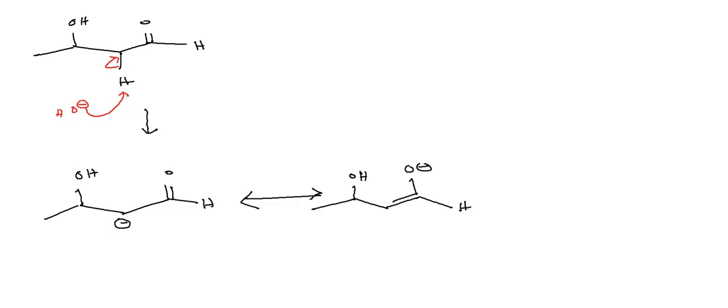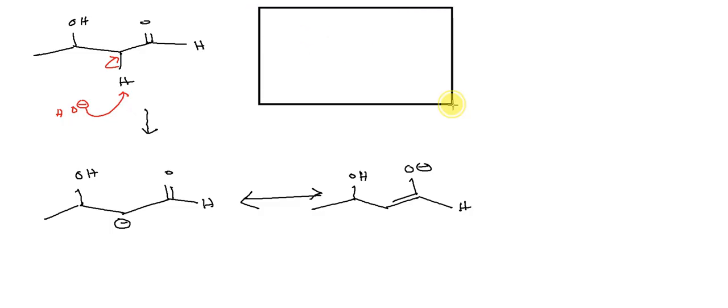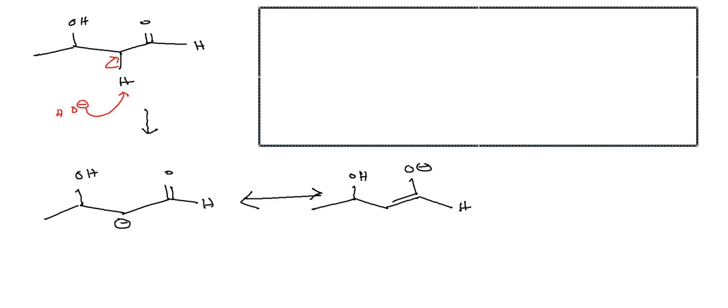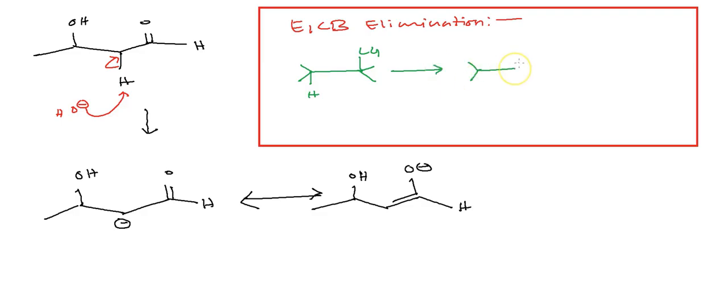Now let's discuss briefly a specific type of elimination reaction, that is E1CB elimination. What happens in case of E1CB elimination is that, let's say there is H and there is a leaving group.